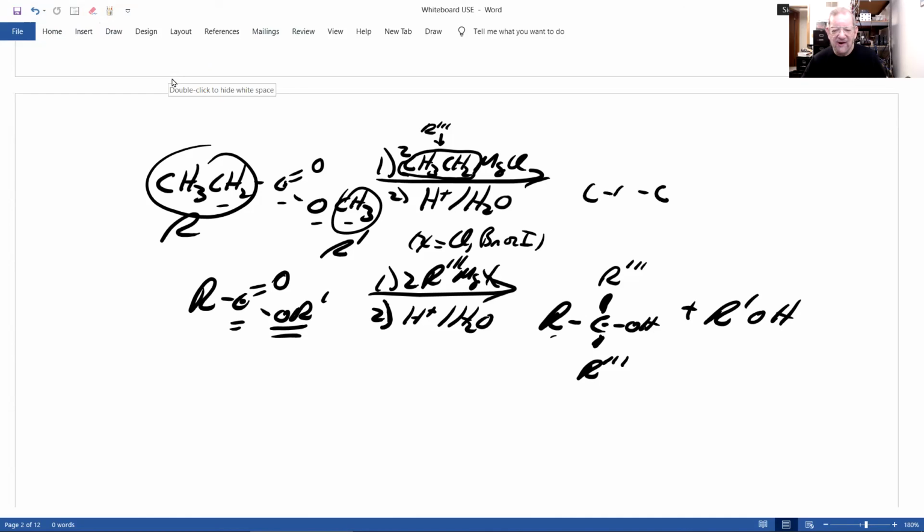R is two carbons. It will have a hydroxyl group. What's my R triple prime? The carbon with the Grignard will be bonded to this carbon. Not one, but two of them. And then we'll get R prime as the alcohol. And don't forget, there's 4 bonds to carbon.